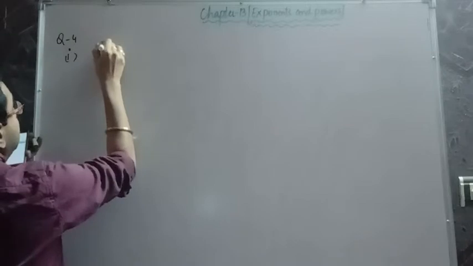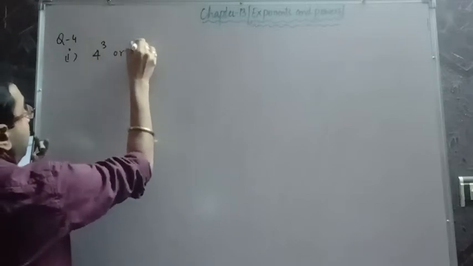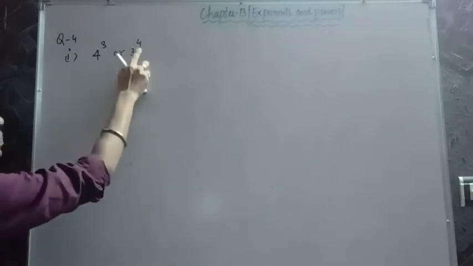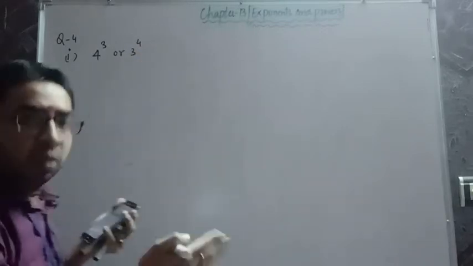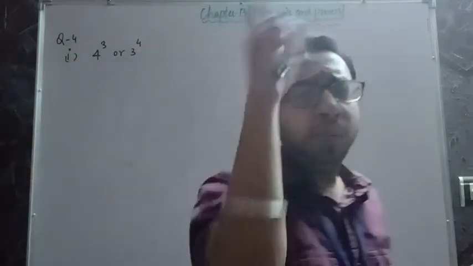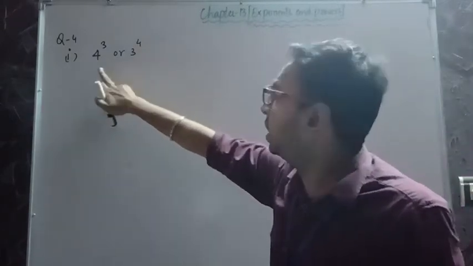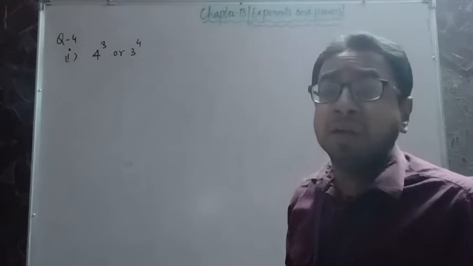4 raised to power 3 or 3 raised to power 4. Directly by seeing the exponent, we can answer. The more the exponent, definitely the more will be the value. But in this case, we need to take care of this also. Directly we can solve because it's not a cumbersome problem.